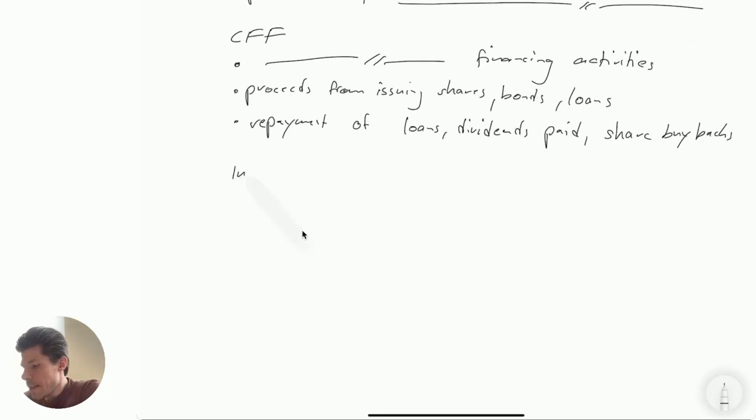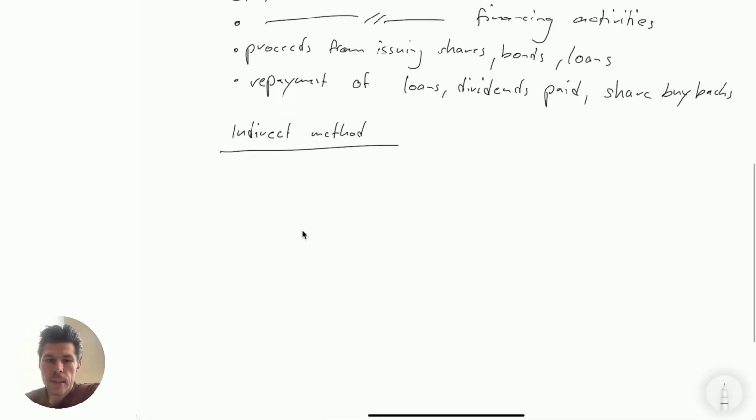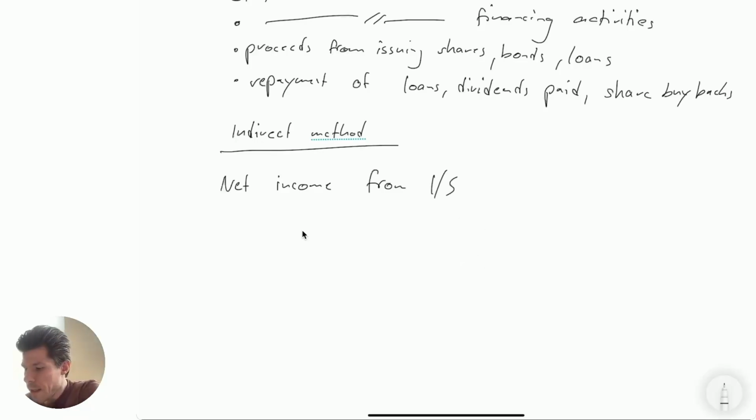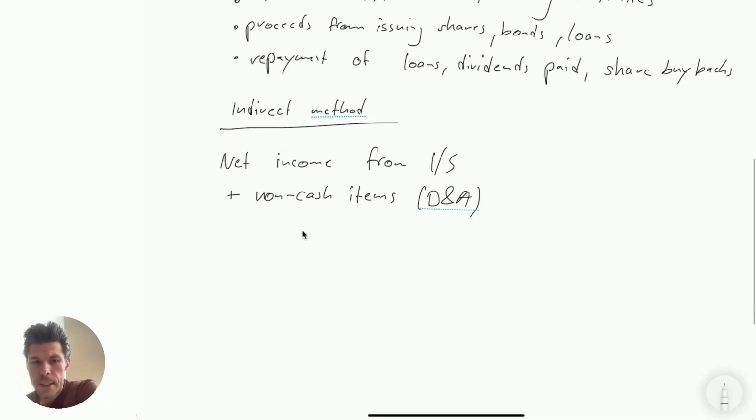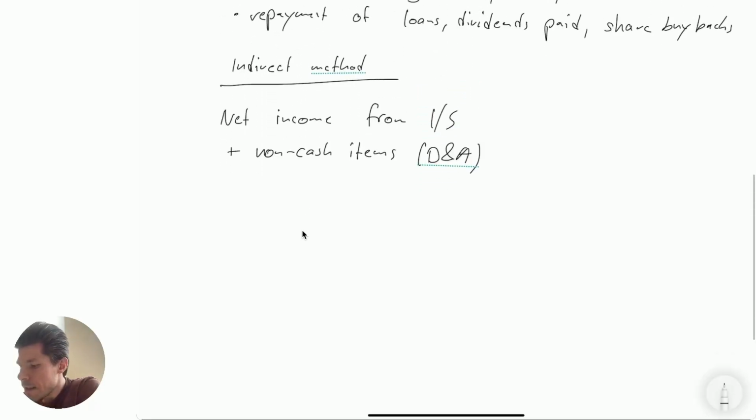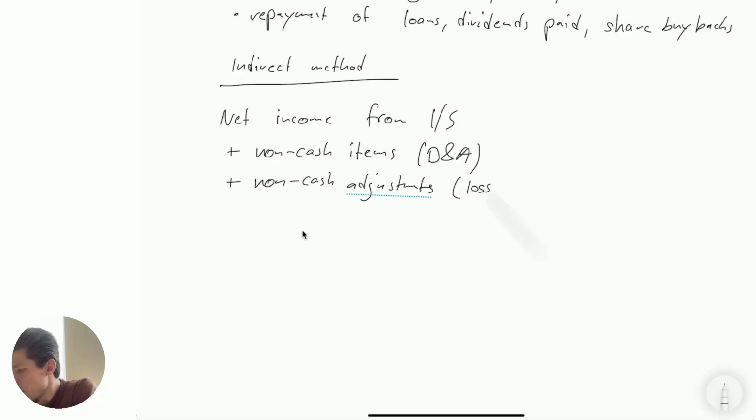Let's get started on the indirect method. The indirect method has the following approach. It always starts with net income from the income statement. Then it adds back non-cash items such as depreciation and amortization from the income statement. It also does additional non-cash adjustments, for example, if you have a loss on sale of equipment.